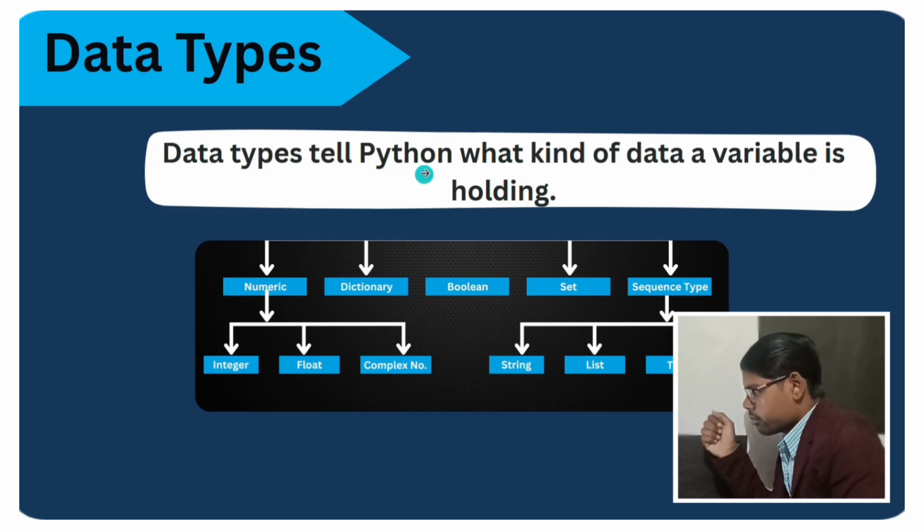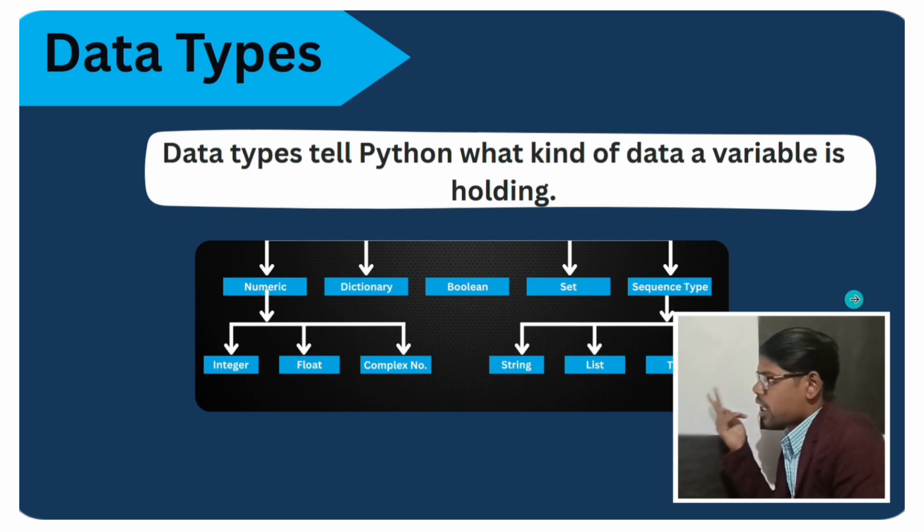Data types tell Python what kind of data a variable holds, like integers, numbers, alphabets, and others. First, numerical types. The other types are dictionaries, boolean, set, and sequence types. Sequence type has three types.